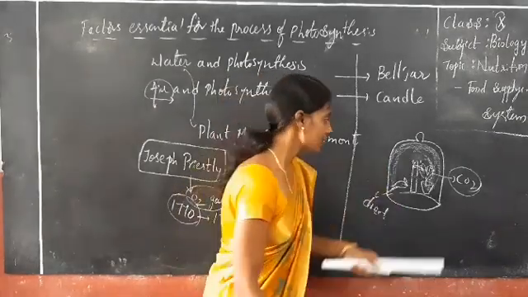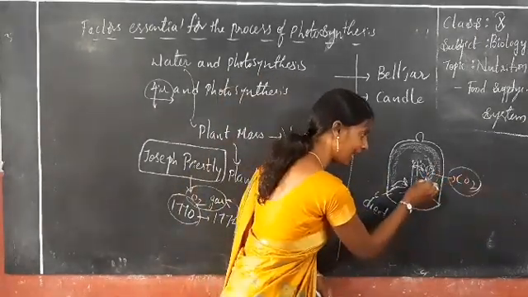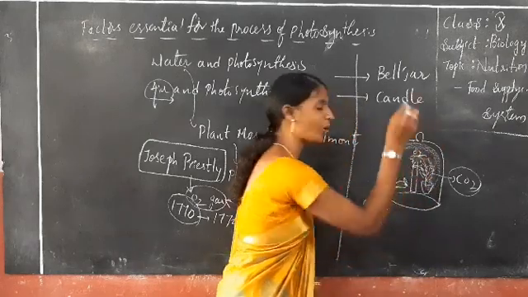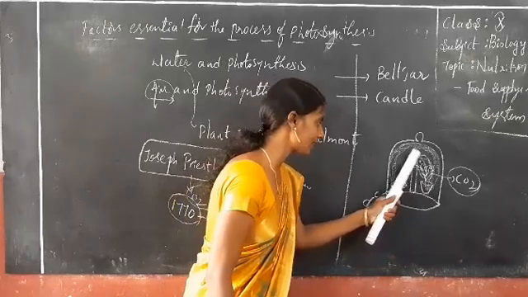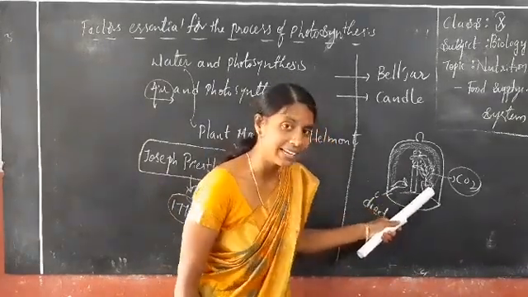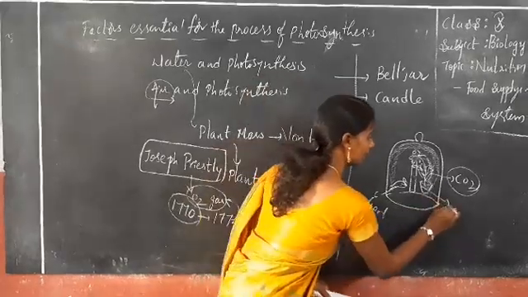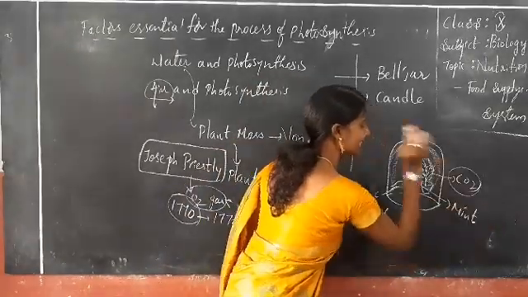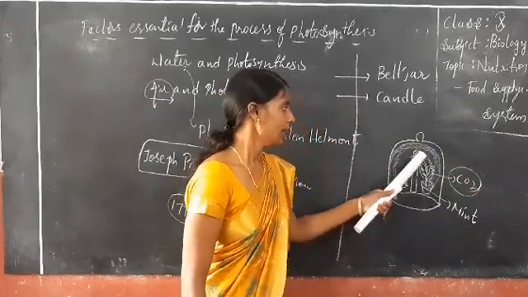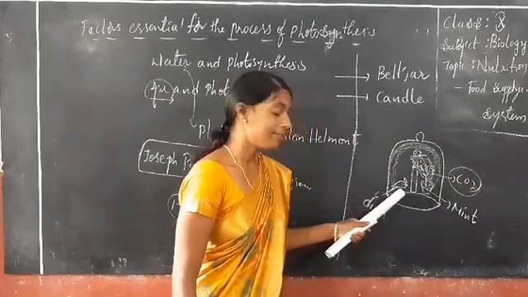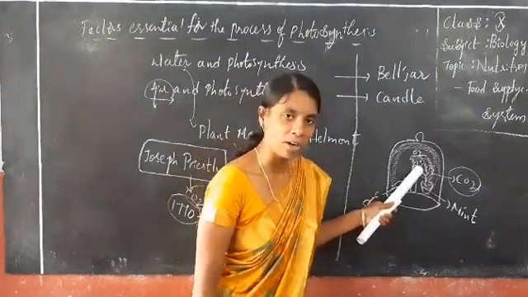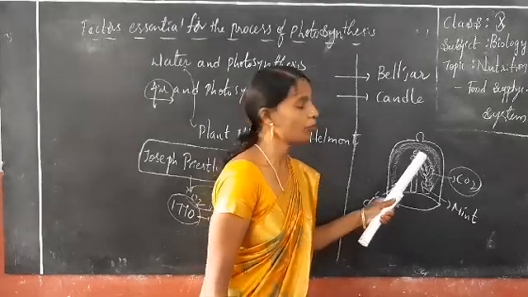When he inserted the mint plant, it released oxygen. With this oxygen he again inserted the mouse and lighted the candle, with the mint plant. Finally he succeeded. He observed that the rat stayed alive and the candle also gave a flame.